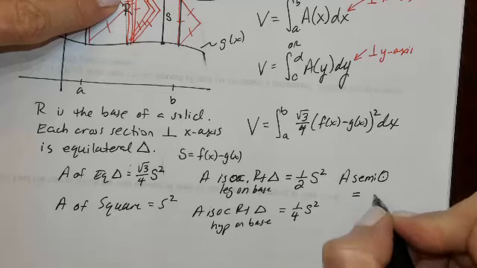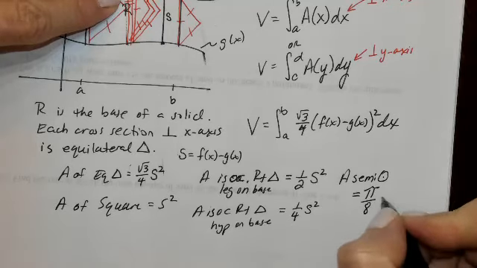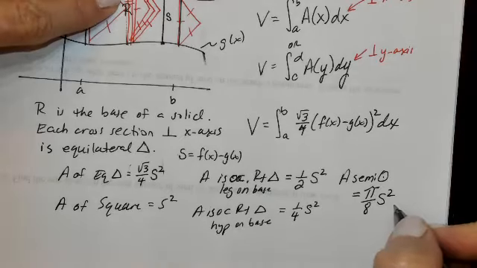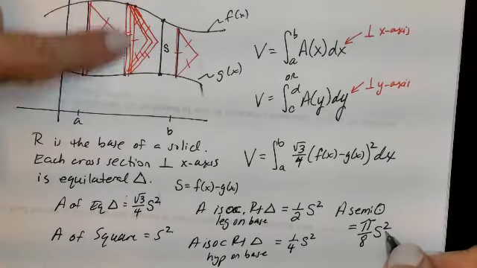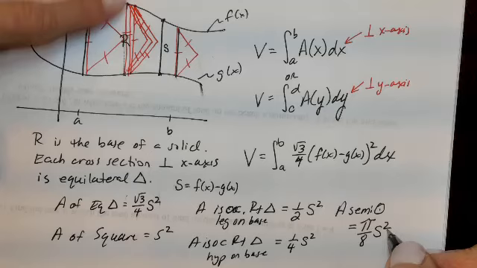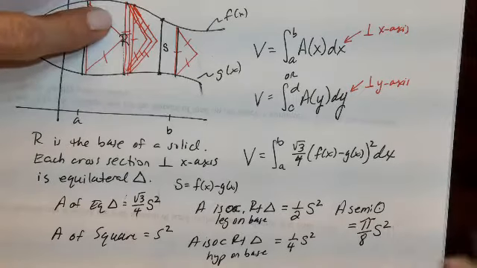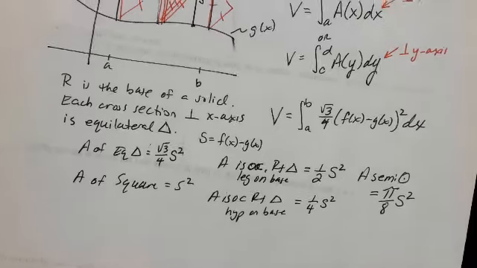If we have a semicircle, that formula, if you recall, we derived it back then, pi over 8 times s squared. And that would be if the diameter was on the base, on the region. The diameter is the base of the solid. Okay? All right, so that takes care of our cross sections.